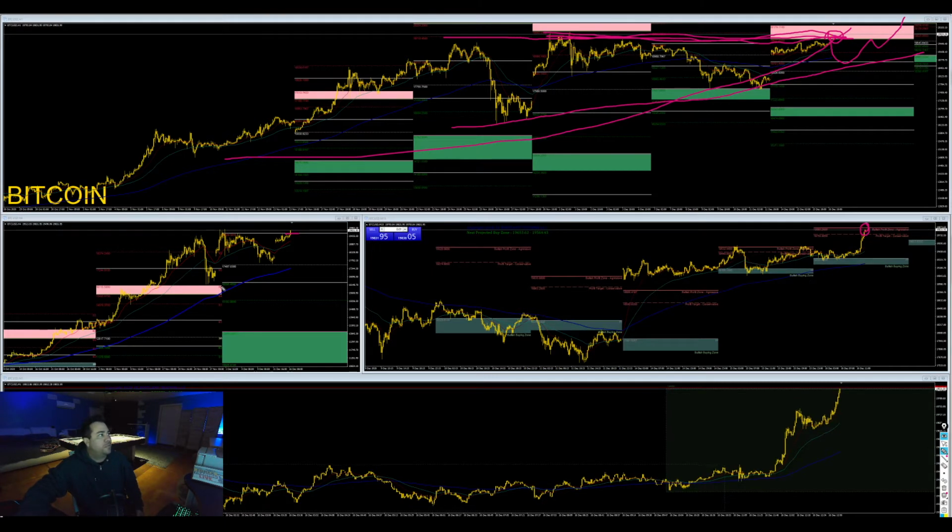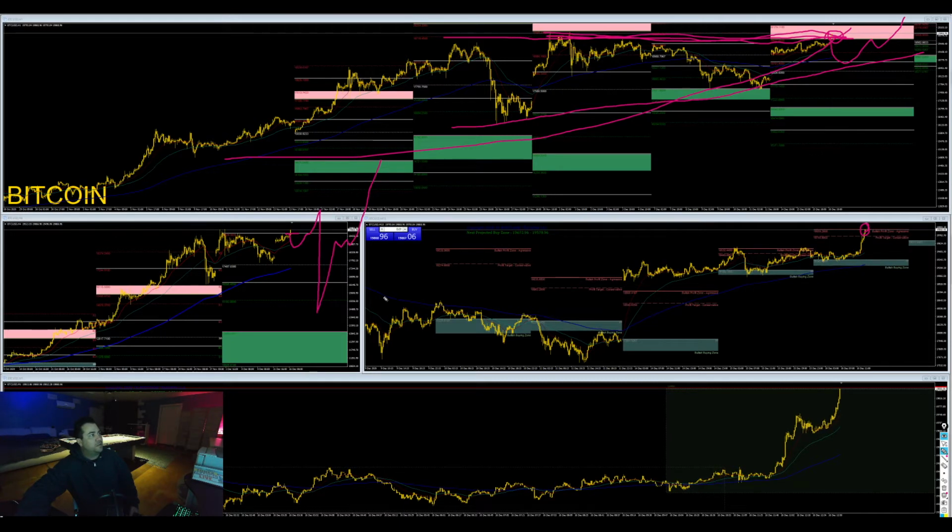What I'm expecting is for Bitcoin to come back down, then come up, and then do one of these types of deals where it takes out the high and takes out the low, consolidates and continues. This is the 4-hour chart. Kind of expecting something like that. So we'll see.